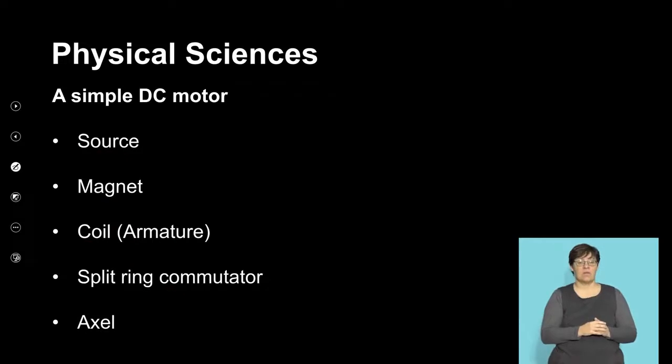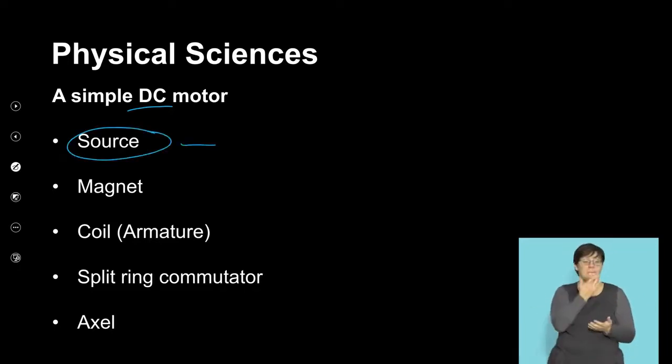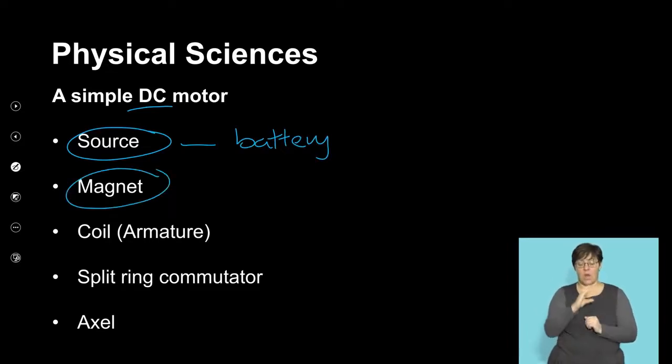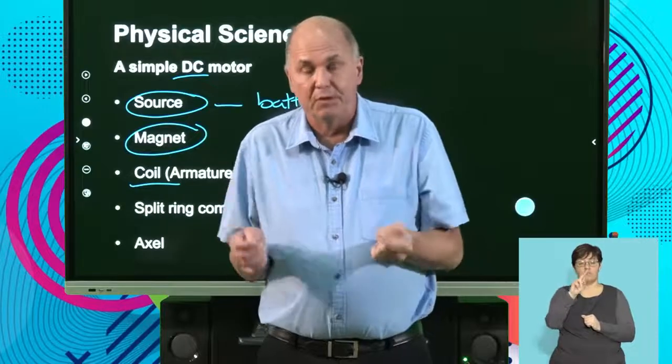So what are the components of a simple motor, a DC motor, a direct current motor? Well, you'll need a source. The source could be a battery with a positive end and a negative end, a magnet, a coil. Now, the coil inside the motor is called an armature.